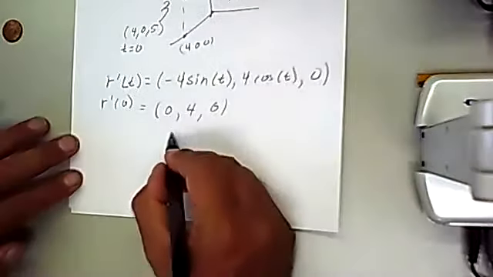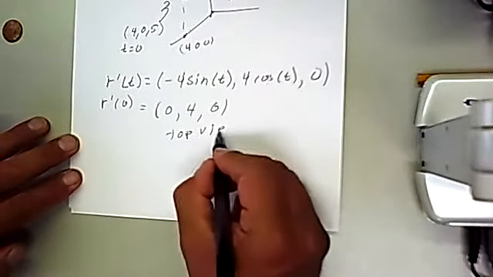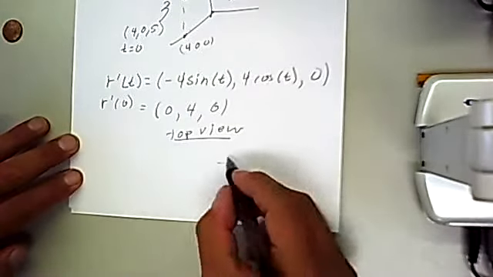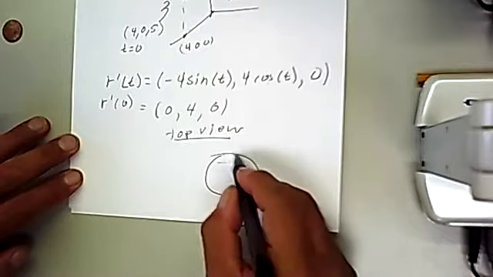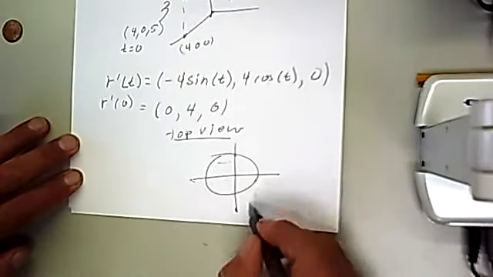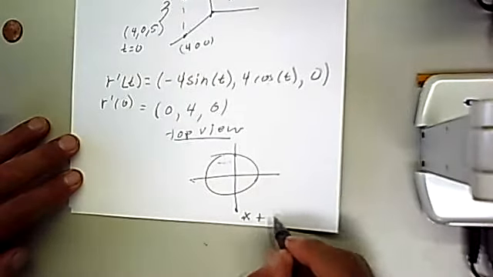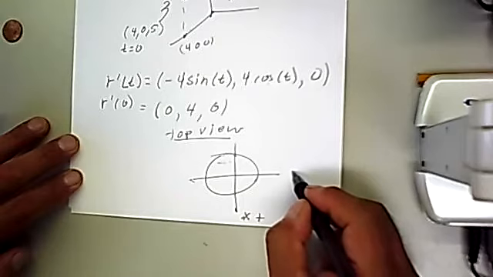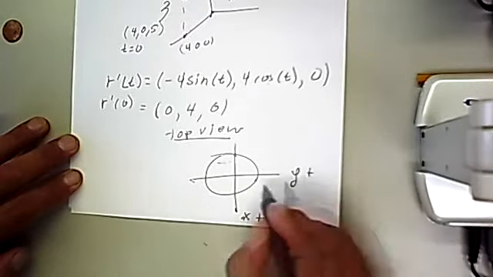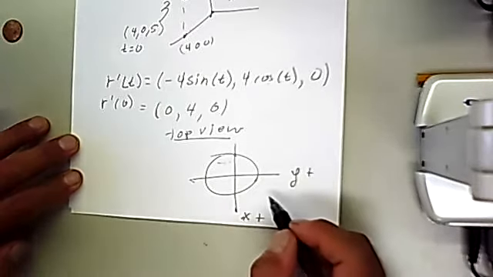A top view of this. So we have the circle, and let's say this is the x-axis. So x positive and y positive, and the radius is 4. Pretend that it's a circle.